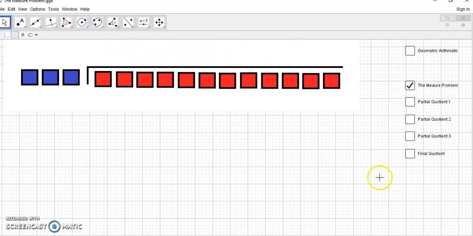So what we need when we measure using division is to know how many times we can measure this red line here, and I'll call it a line, but it's a series of blocks, with this blue line, which is a divisor.